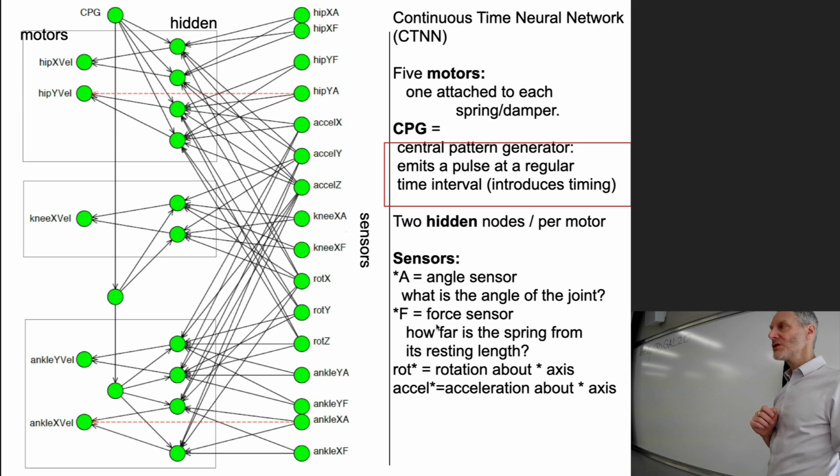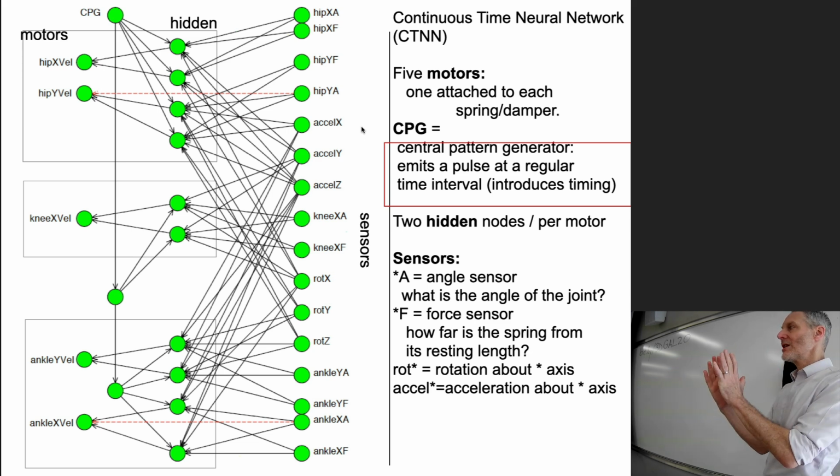These are force sensors. All the F's are sitting not at the joint. They're sitting not at the motor. Force sensors are sitting on the springs, and they're recording the amount of stretch or the amount of compression of the spring. If the spring is at its rest length, those sensors are reporting a value of 0.